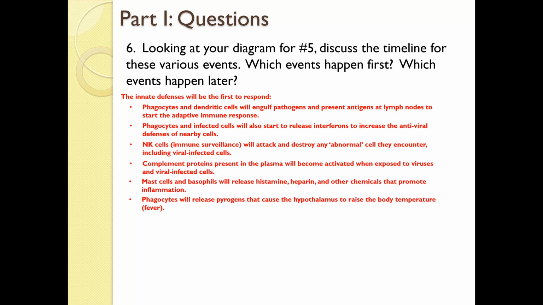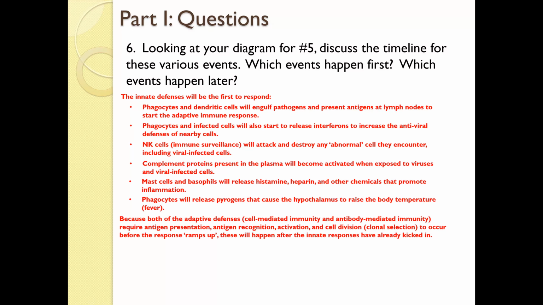And so again, think of the innate defenses as trying to slow down or stop the infection of the pathogen, while the adaptive responses are coming online and gearing up to take out all of the infected cells and all of the viral particles.